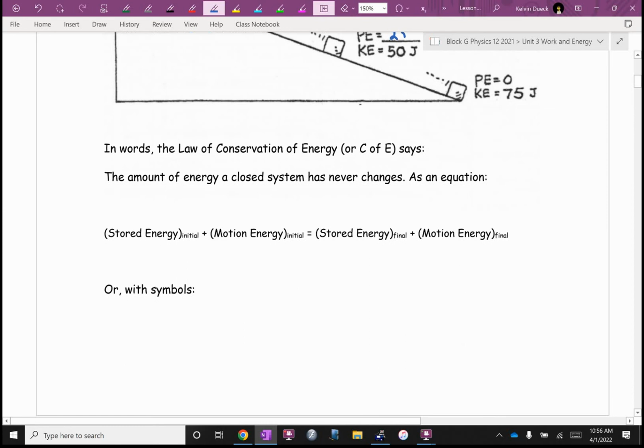Or, with symbols, kinetic energy initial plus potential energy initial equals kinetic energy final plus potential energy final.